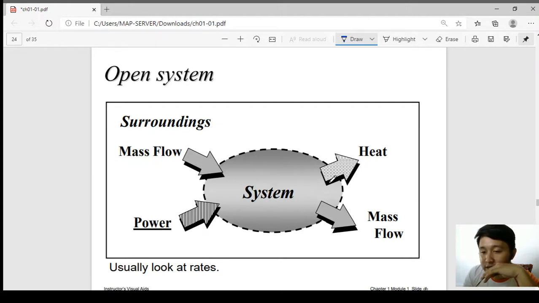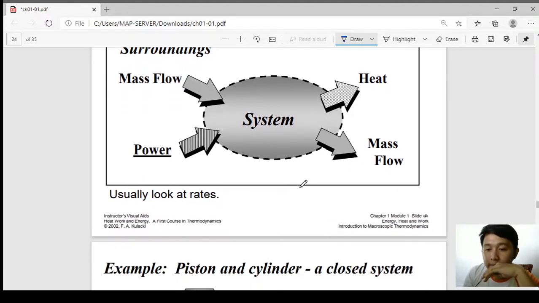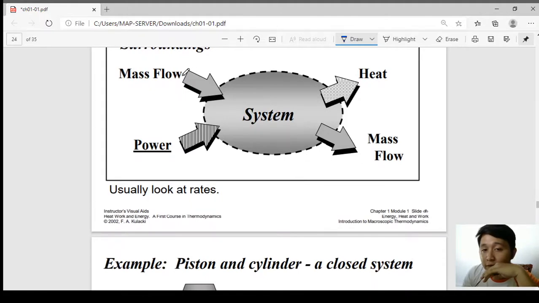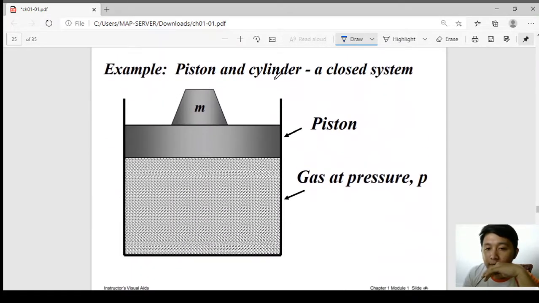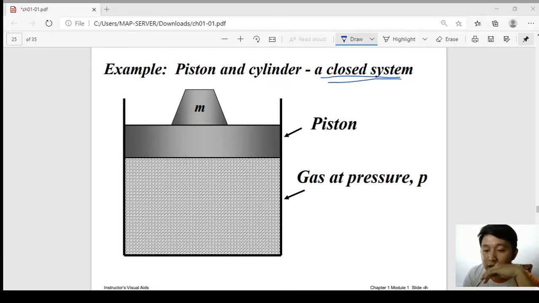Examples of open systems are turbines, engines, and compressible systems, because there is mass flow of gas. For example, we have the piston and cylinder, which is an example of a closed system.